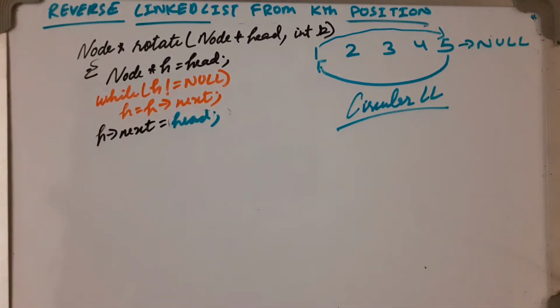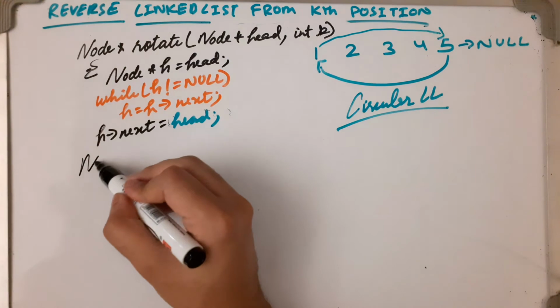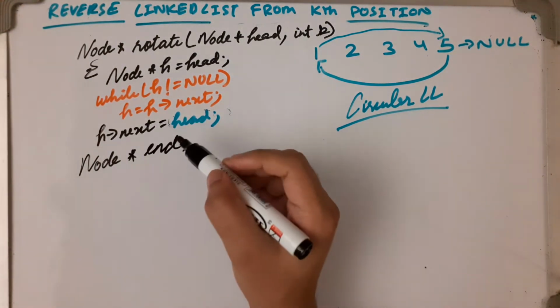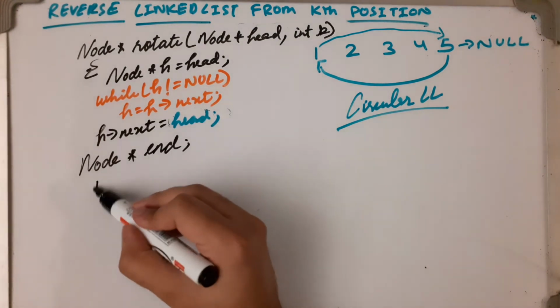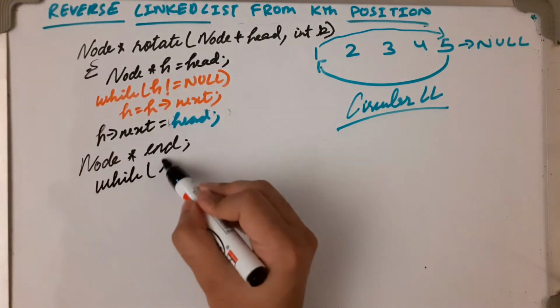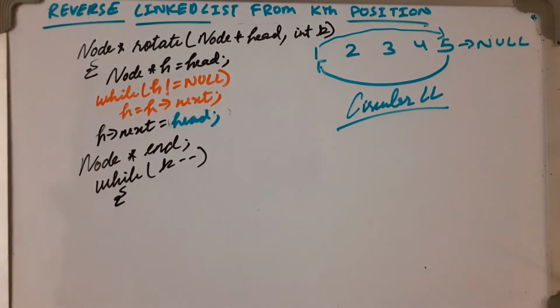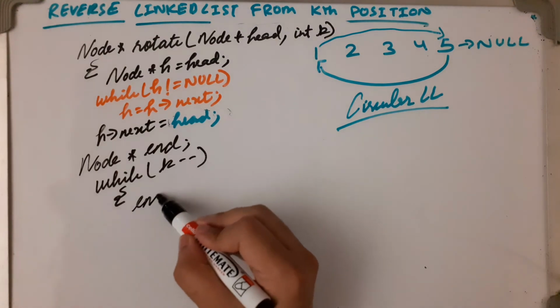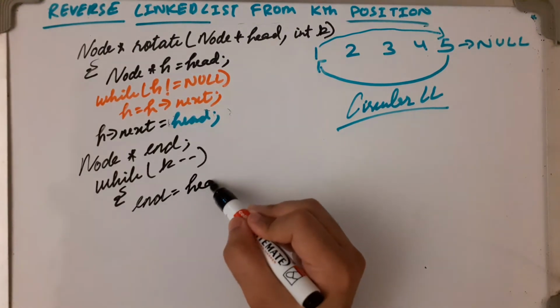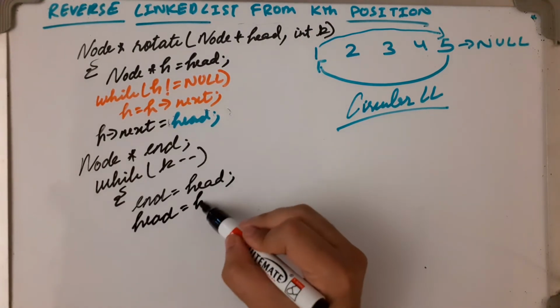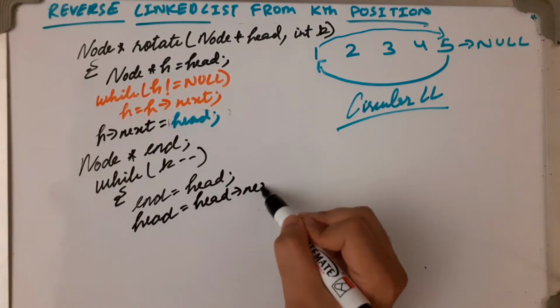Now let us discuss further what we have to do. We have to take another node also, node star n. Now we have to do while k minus minus. In this loop, remember, n equals to head and head equals to head of next.